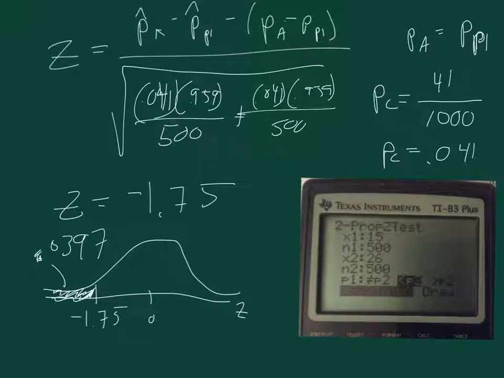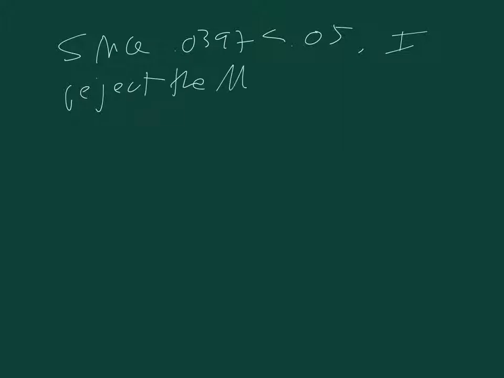All right, so I calculated a test statistic. I found the p-value of it. So now I need to make a conclusion. Since 0.0397 is less than 0.05, that was the alpha they gave, I reject the null and accept the alternative.